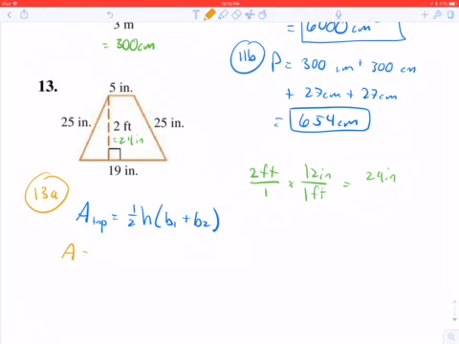So then the area in this case is going to be 1/2 the height, which is 24 inches, base 1 is 19 inches, base 2 is 5 inches. Hey Siri, what's 1/2 times 24 times open parentheses 19 plus 5 close parentheses?